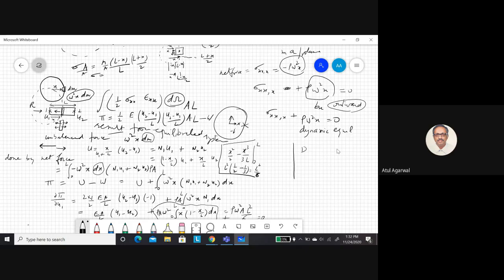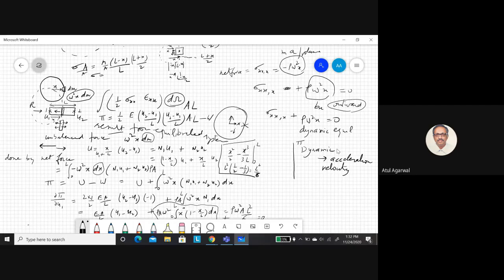When we apply this pi concept to a dynamic system, where there is acceleration, if there is acceleration, there is velocity. So there things are treated differently.